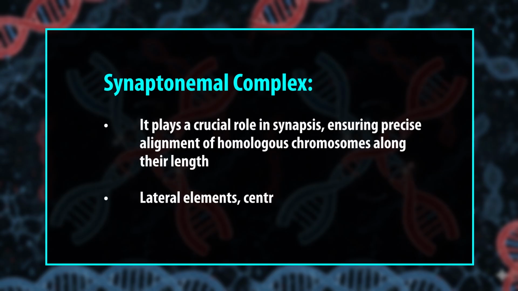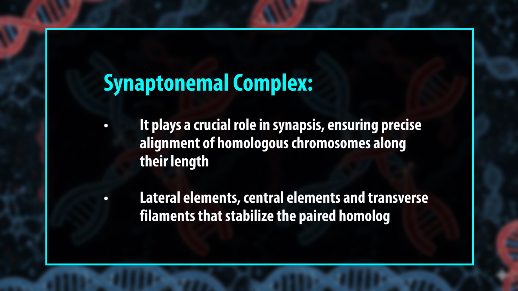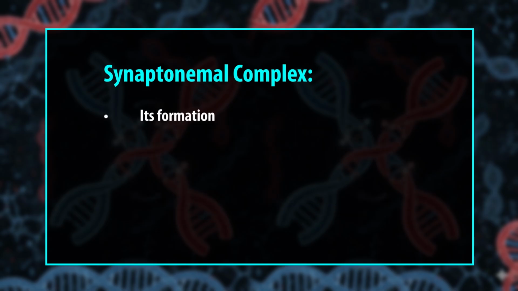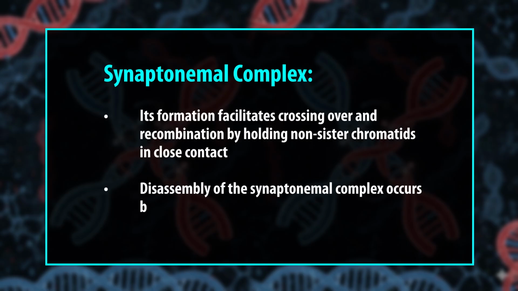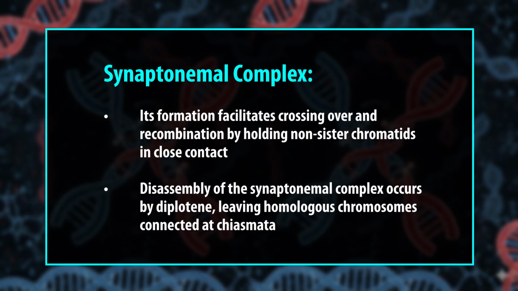The SC consists of lateral elements, central elements, and transverse filaments that stabilize the paired homologs. Its formation facilitates crossing over and recombination by holding non-sister chromatids in close contact. The disassembly of the synaptonemal complex occurs by diplotene, leaving homologous chromosomes connected at chiasmata.